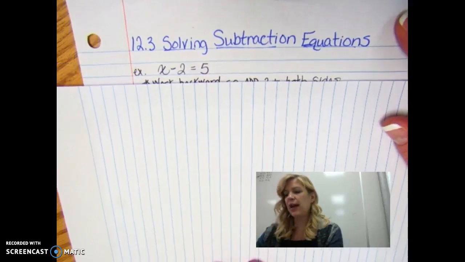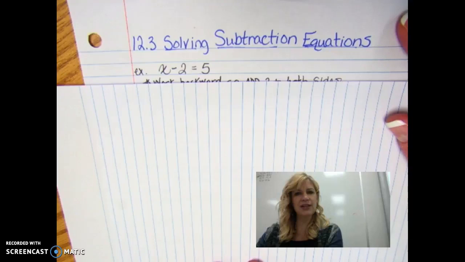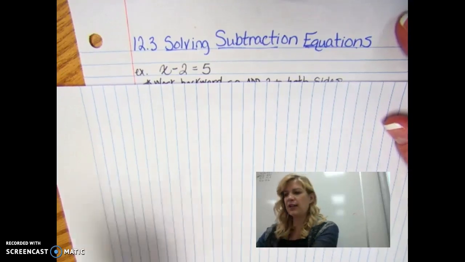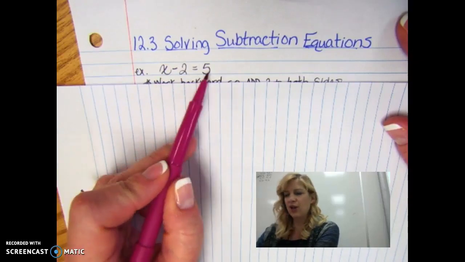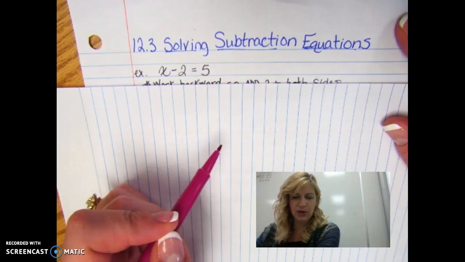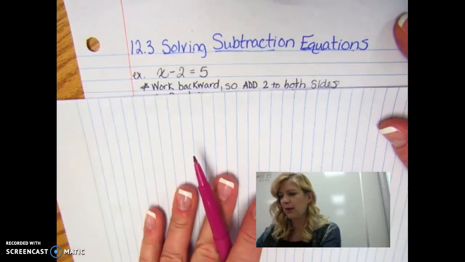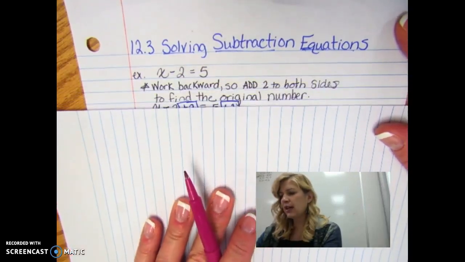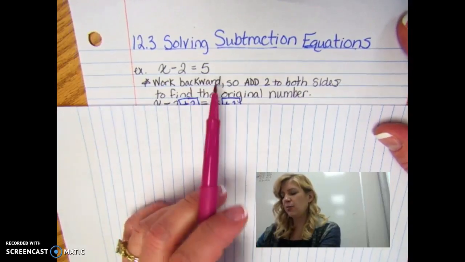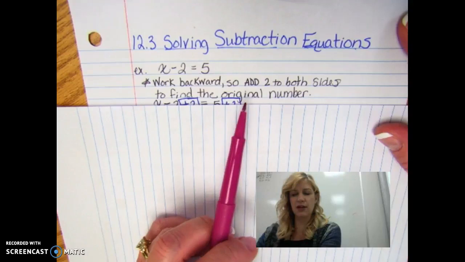So when we look at x minus 2 equals 5, this is one that your brain can almost fill in. You can see what you would have had to start with for x in order to get it down to 5. I want to show you with this easy one what the numbers are doing and how to approach the problem. So one technique is to work backwards and add 2 to both sides to find the original one.